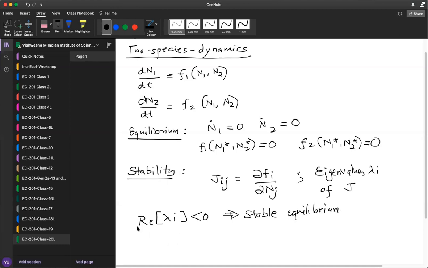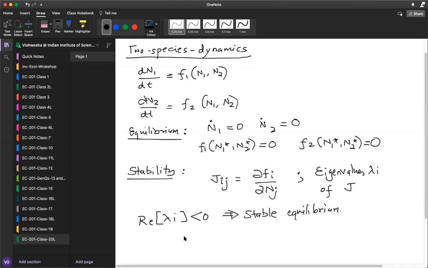Another way to state this is: find the eigenvalue with the maximum real value, and if the highest of the real values of the eigenvalues is less than 0, then it must be a stable equilibrium.